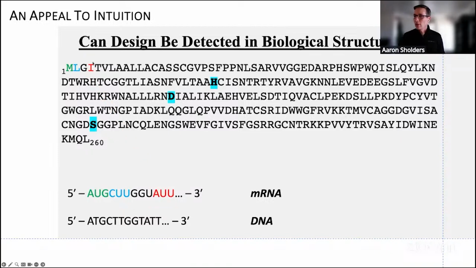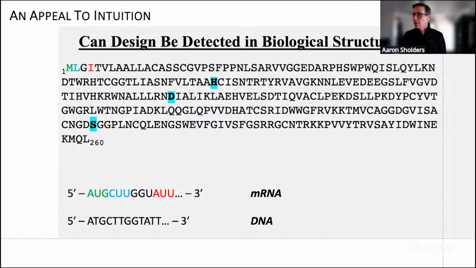So we can look here: the first 4 amino acids, MLGI, are encoded by the first 12 letters of our mRNA, which corresponds to what's in DNA. Understand that this is a decoding process, and this happens all the time in something we call gene expression. If you look at transcription and translation together, we call that gene expression.